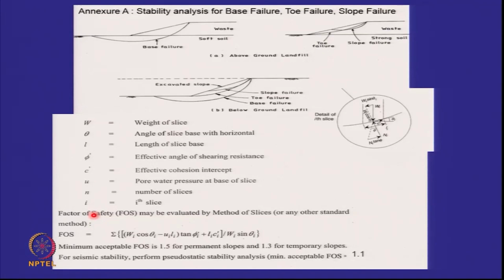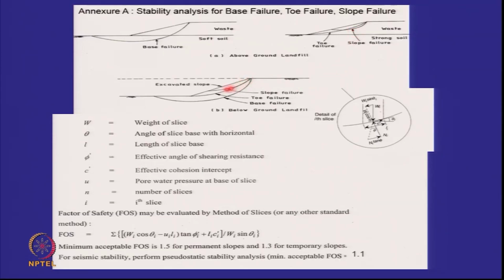And when you have a circular failure surface, let me look at the cases which we will be analyzing. If I have waste over soft soil, I can have a circular waste failure. If I have waste over strong base, I can have a failure surface through the slope, through the toe. So I can have a base failure, or toe failure, or a slope failure, right?